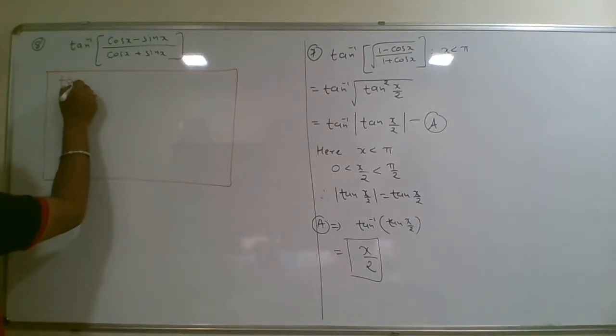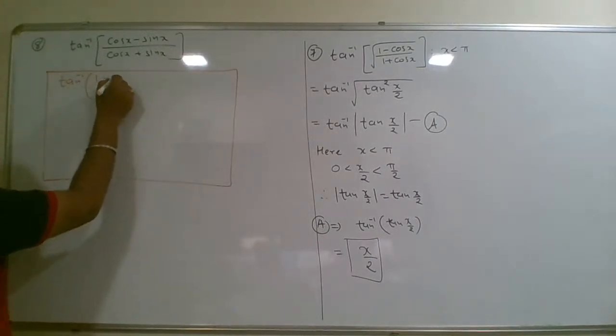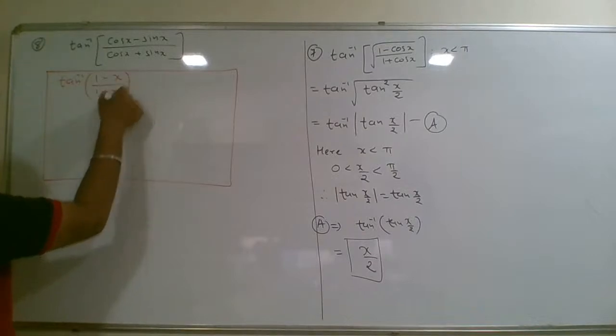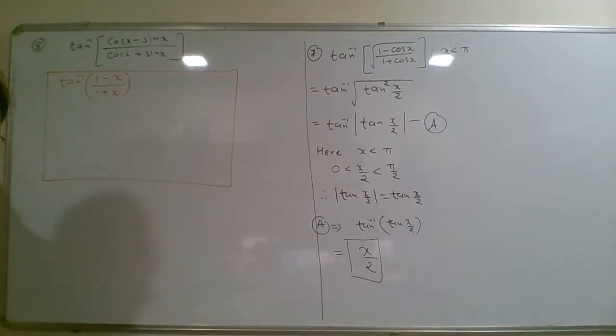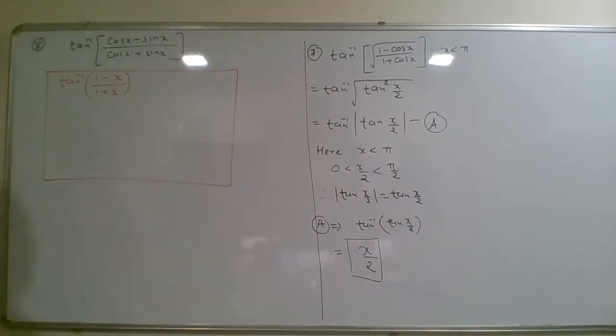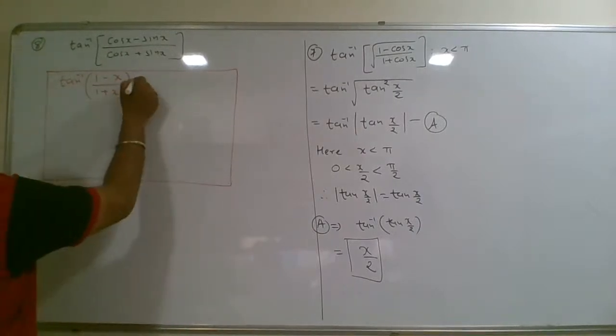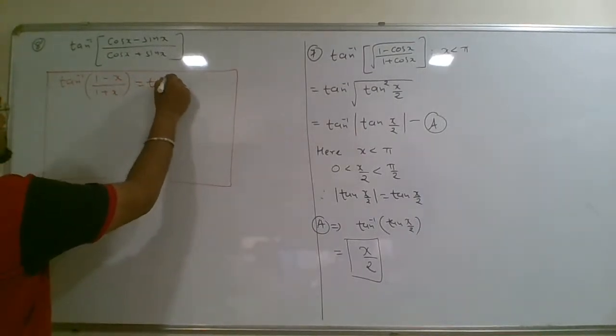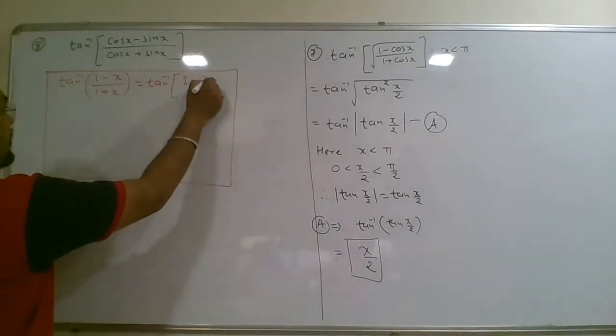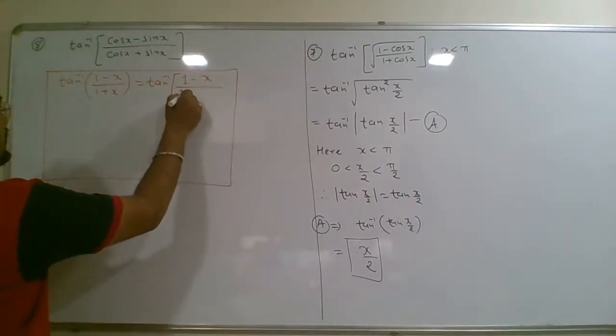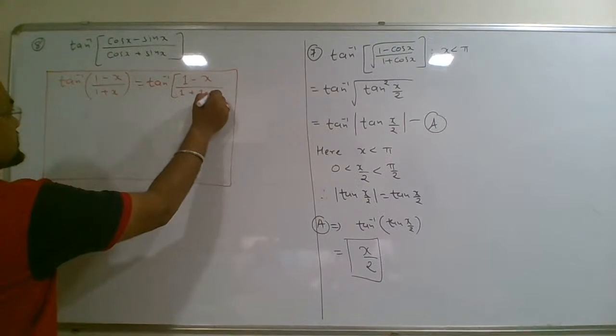Tan inverse of 1 minus x upon 1 plus x equal to what? We can write it as tan inverse of 1 minus x upon 1 plus 1 into x.